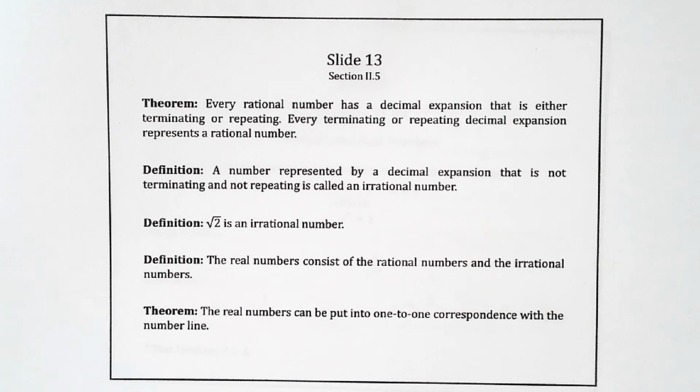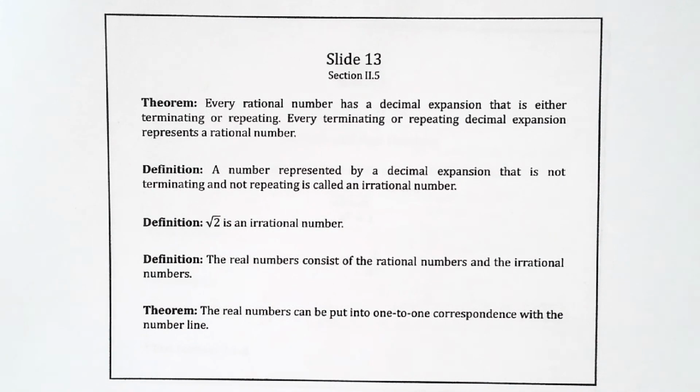And the real numbers are the number line. So when we add in all those other decimal expansions, we've completely filled in the number line. So the real numbers are in a one-to-one correspondence with the points on the number line. So this kind of concludes our development of the number line. It's finished now.